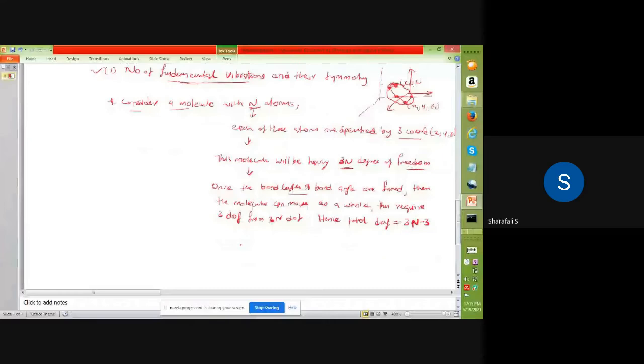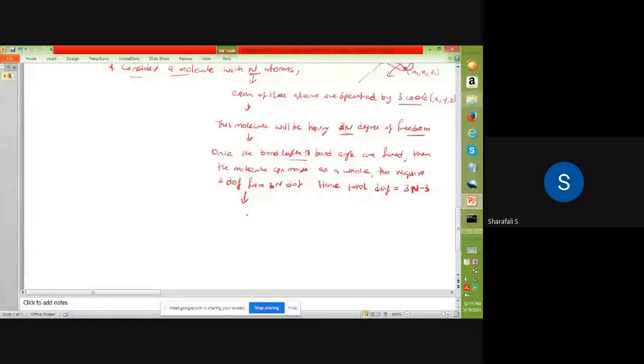Another motion that is possible is rotational motion. Another 3 degrees of freedom are also required for rotational motion. You might have studied this in classical mechanics. If you consider a rigid body like this, with x, y, z axes.